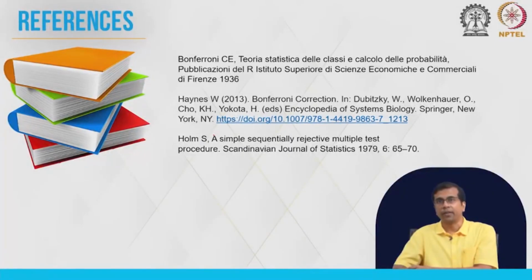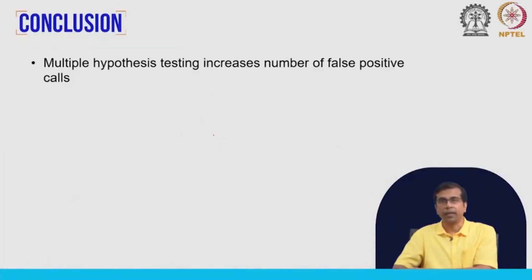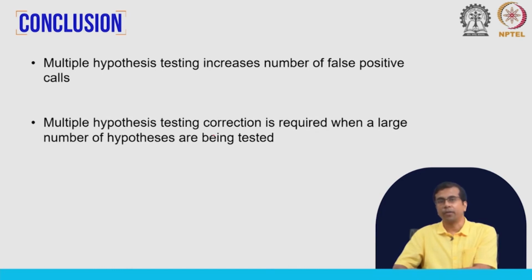So, these are the references for this lecture. What we have seen is that multiple hypothesis testing increases the number of false positive calls. Using two approaches we have discussed how that happens. We have also talked about how we can do this correction, and we have mentioned that hypothesis testing correction is required when we are doing a large number of hypothesis tests.